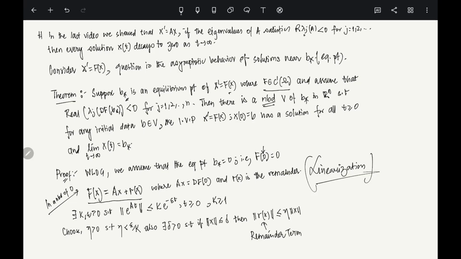Now the thing is this. What we are going to do is define a new set V. What is the definition here? This is the set of all those b in R^n such that the norm of b is less than delta by K. This is contained in the ball with center 0 and radius delta.